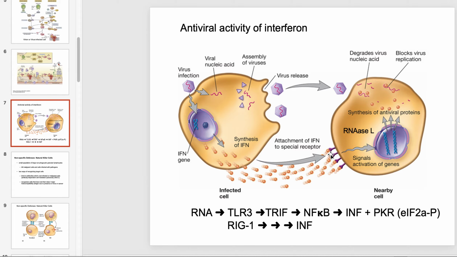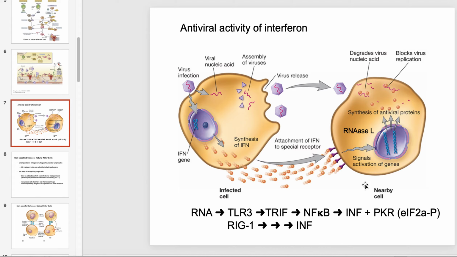And so this warned cell then will produce high levels of RNase, for example, an RNA digesting enzyme. So if this virus comes and tries to drop its RNA into the cytoplasm to synthesize viral proteins, the RNase will attack it and chop it to pieces. The cells also produce RIG1, which is another virus RNA sensing protein that also leads to interferon production.